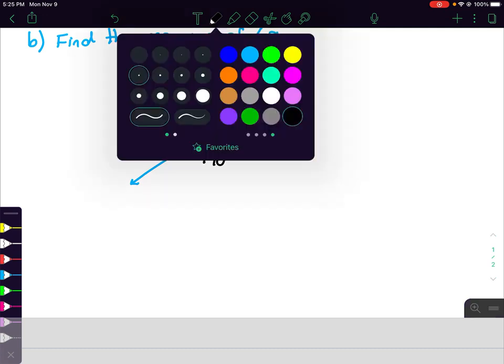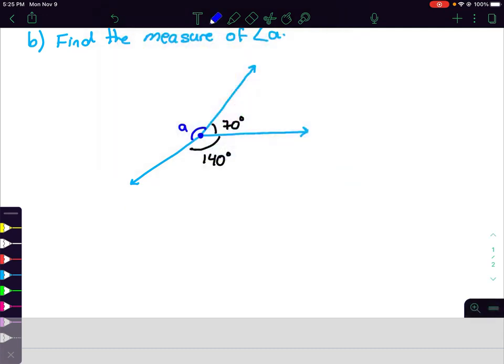So we're going to write our givens. Our givens are 70 and 140. Also, we know the total angles around a point, as we learned in the last lesson, has to be 360.